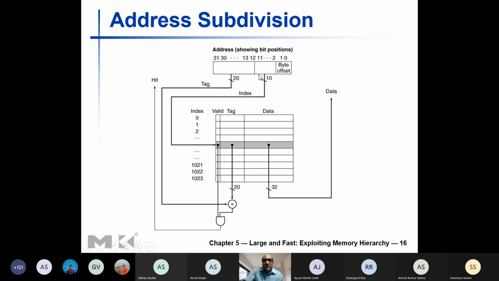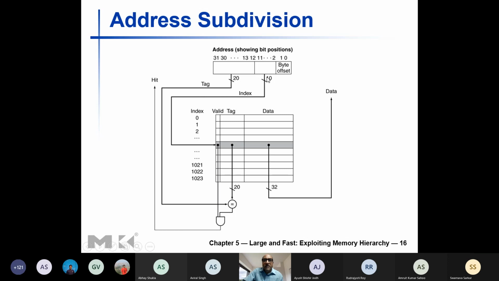The number of blocks that can be accommodated by the cache is indicated by the 10 bits, because there are about 1024 entries in the cache. To uniquely represent these 1024 entries, 10 bits are required.